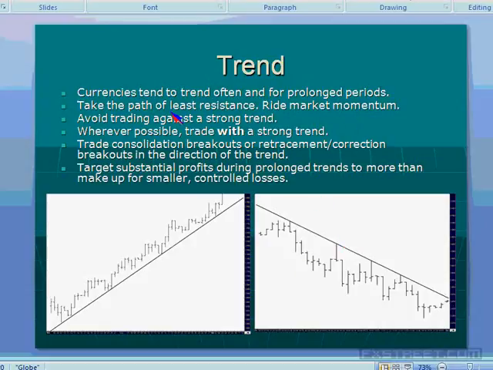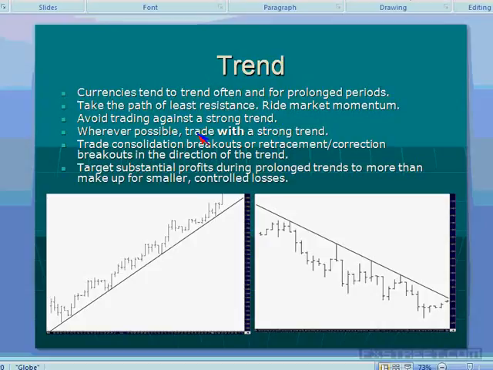You're looking to ride the market momentum, and as we all know, currencies tend to trend very often and for prolonged periods of time. So that's whether it's on a short-term basis or a long-term basis. What I always talk about is wherever possible, I'm going to trade with the strong trend. Okay, but I will always avoid trading against a strong trend.